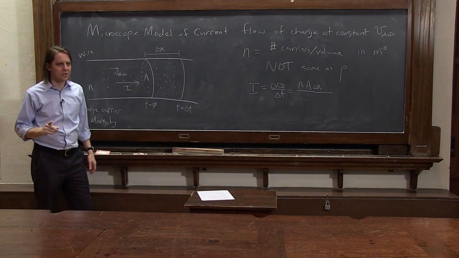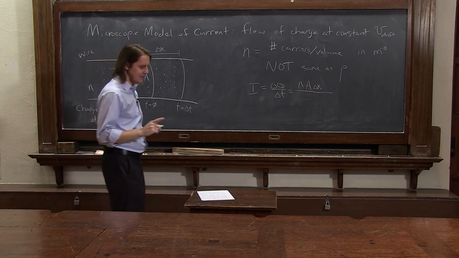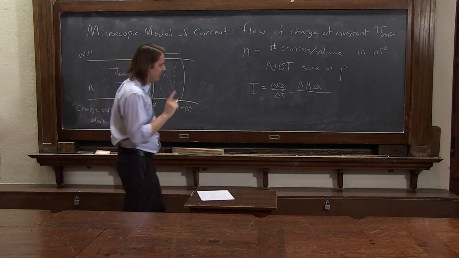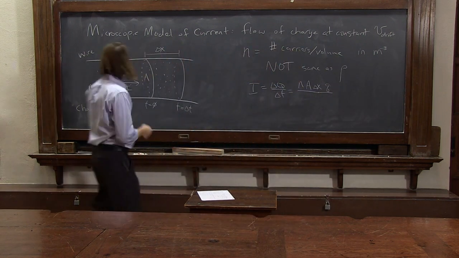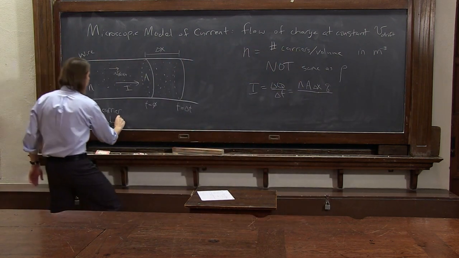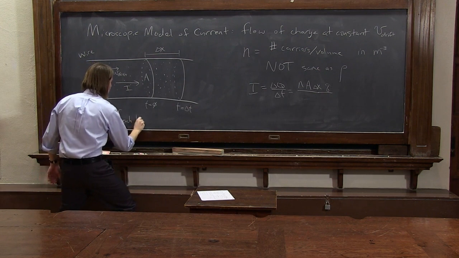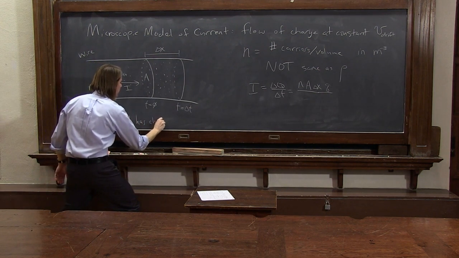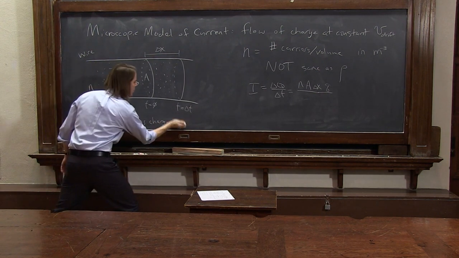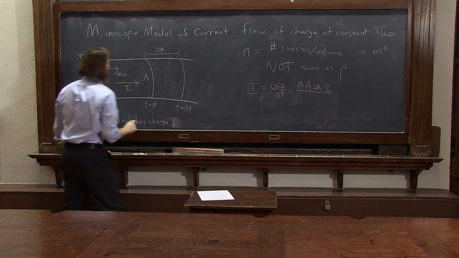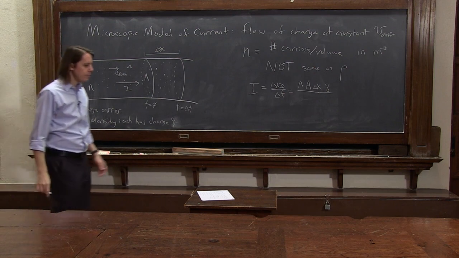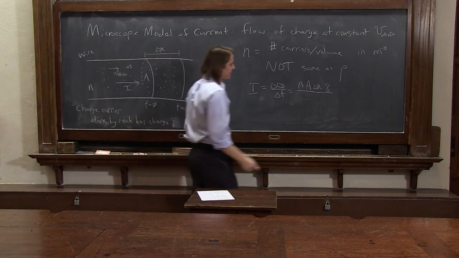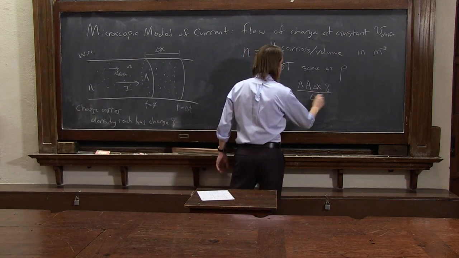And that is not yet the charge. Right? That is the number. To make it the charge, we need q. That's the charge of each charge carrier. Each charge carrier has charge q, little q. And let's see. So in the bottom, delta t is just delta t.